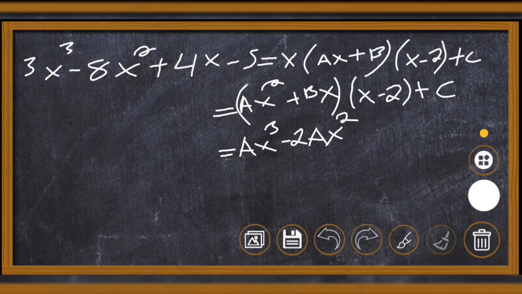Let's go to the other side, which is bx. bx multiplied by x, we're going to have bx squared, because x multiplied by x is x squared. So it's going to be positive bx squared. And then negative multiplied by positive, we are going to have negative. Then bx multiplied by 2, we are going to have 2bx. Then added to constant value, which is c.